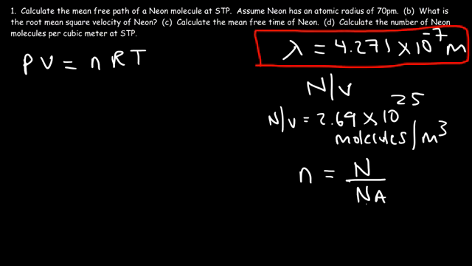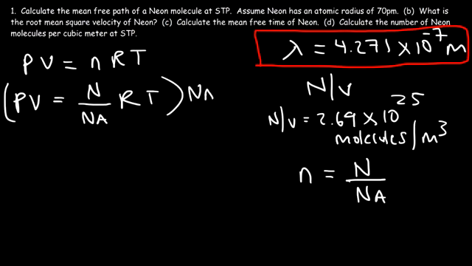So the molecules cancel, giving you n in terms of moles. So let's replace n with the number of molecules divided by Avogadro's number. So I'm going to multiply both sides by Na. So on the left I have PV Na, and on the right, nRT.